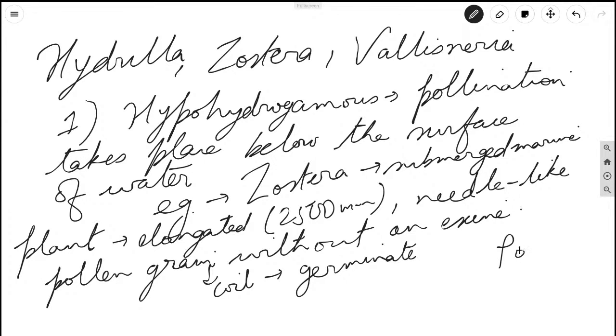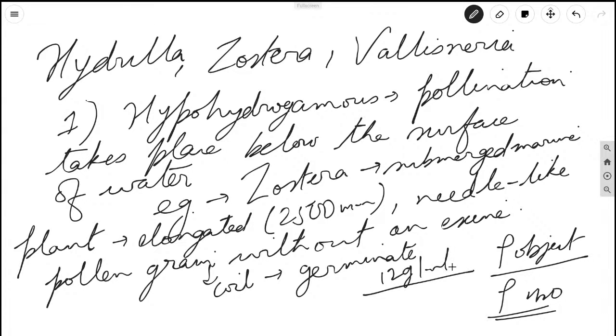If you see the density of the object upon the density of water, it will be cancelled out. Suppose the density of the object is 12 gram per ml and the density of water, H2O, is 1 gram per ml. Both units will get cancelled out, and what you will get is 12 as a result. That's why I called it a unitless quantity.